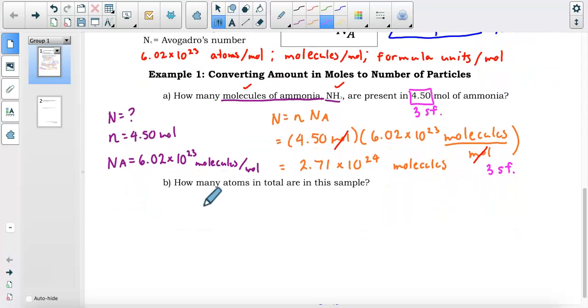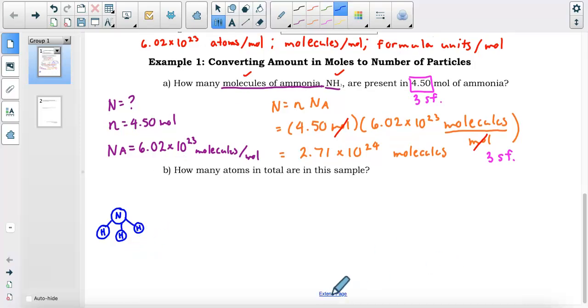Okay, so part B of this question is asking us how many atoms in total are there in the sample of 2.71 times 10 to the 24 molecules. So this is where we have to do a little bit of a unit conversion. NH3 here, this is our molecule. If we were to draw a picture of this, a representation, there's your 1 nitrogen, there's 1 hydrogen, 2 hydrogen, and 3 hydrogen.